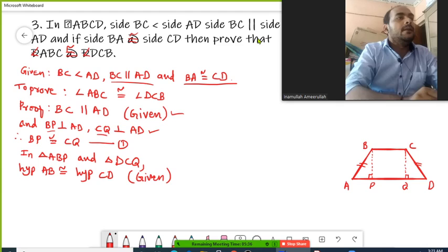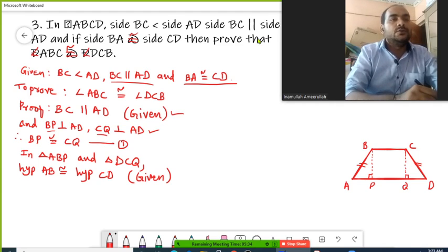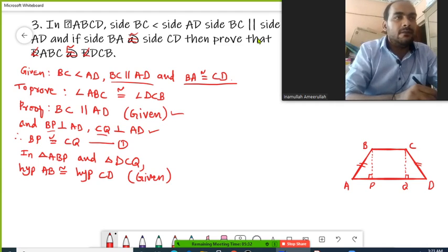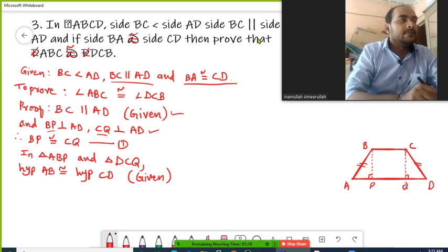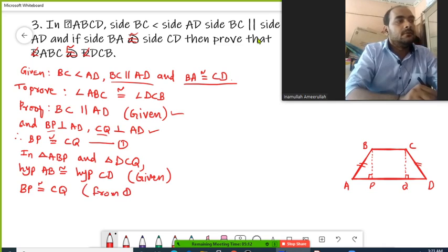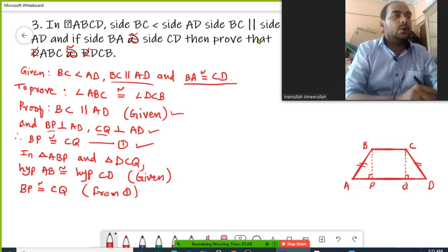Besides, BP is congruent with CQ from before; here we already proved that BP and CQ are congruent.